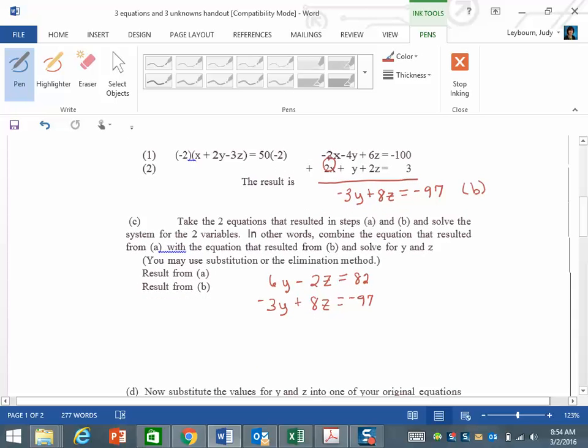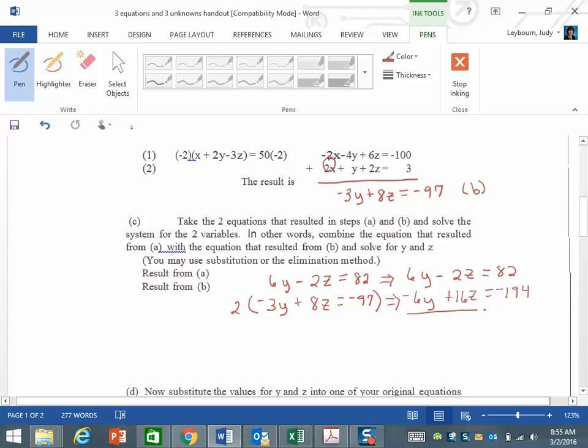Okay, so as you know, I'm going to choose to use elimination. So my first equation became 6y minus 2z equals 82. I didn't change it. The second equation I multiplied by 2, so now I have -6y plus 16z equal to -194.